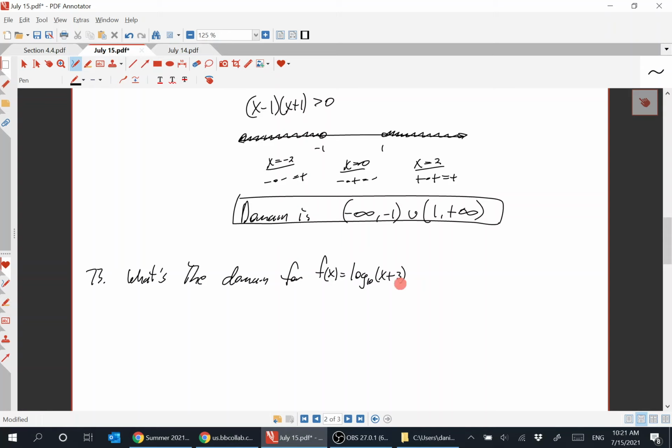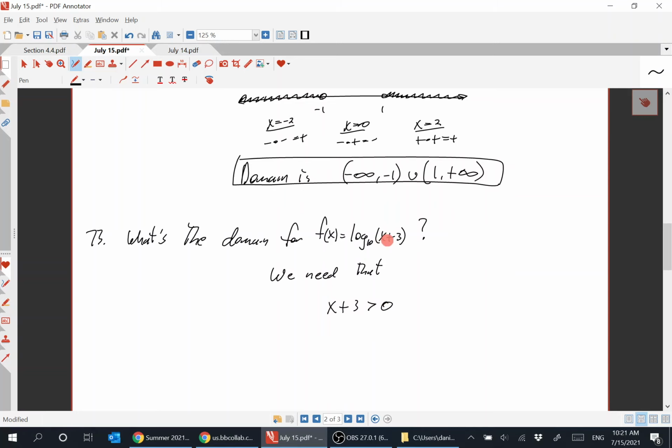Well, again, in order for this to be defined, we need that x plus 3 is bigger than 0. Right? It's got to be positive. Again, the argument always has to be positive.